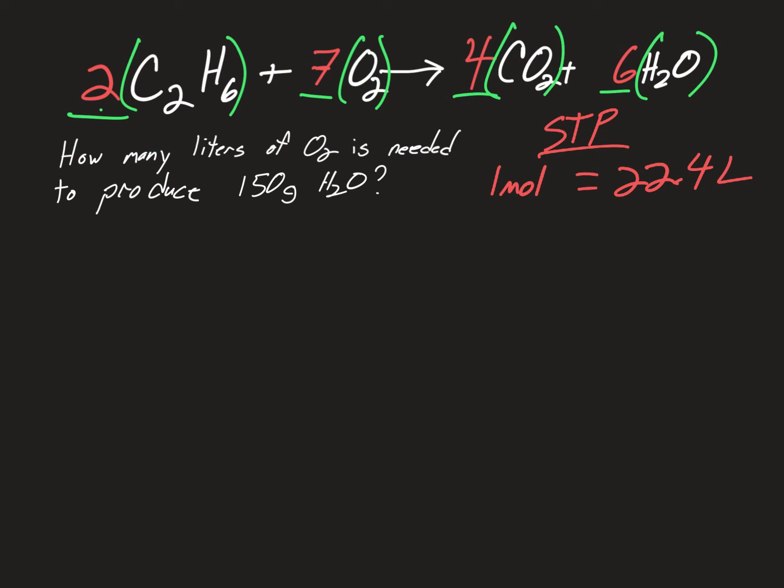And then we already learned that our molar mass of water is 18.016 grams per mole. And now we can start to think about this question. How many liters of O2, the gas, is needed to produce 150 grams, a liquid, of water? So in order to do this, I'm going to need to know that mole to liter ratio so I can change oxygen into moles, because I have no way to relate liters to grams.